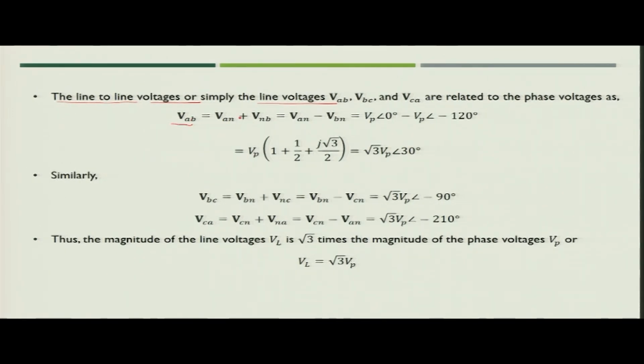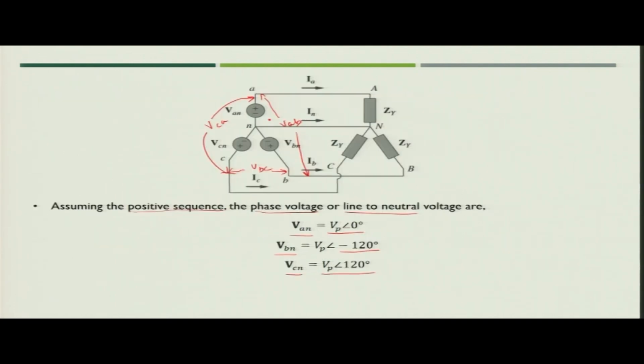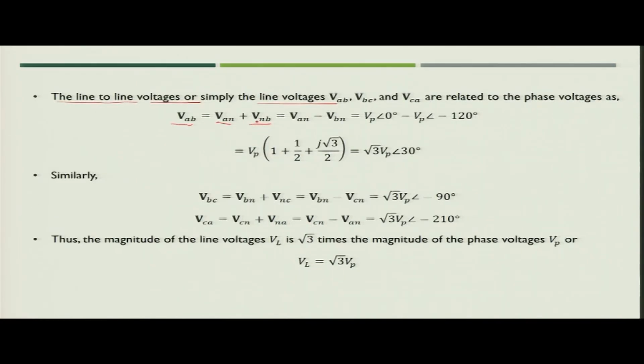VAB you can write as VAN plus VNB. If you see this figure, VAB is nothing but VAN plus VNB, which is VAN minus VBN.